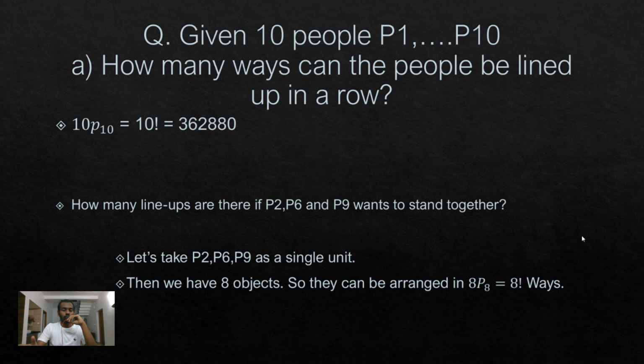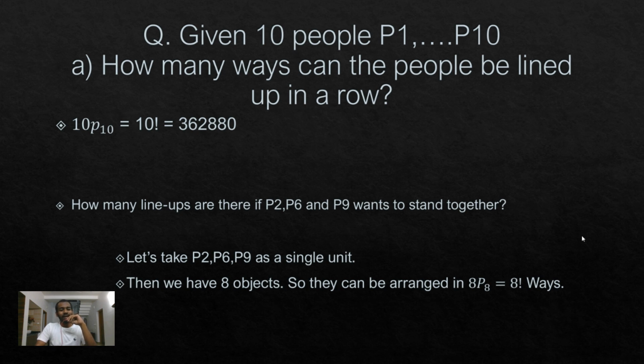So using what we just learned, that is 10P10, the number of permutations of 10 people taken 10 at a time. That is n factorial by n minus r factorial. Here it's 10 factorial by 10 minus 10 factorial, or 10 factorial. That is 362,880.